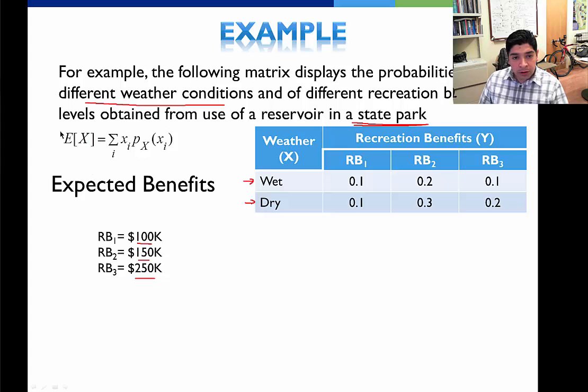At the end, what we really want to know is what are the expected benefits out of these different weather conditions and recreational benefits. I'm going to be talking about this exercise through this lecture presentation.